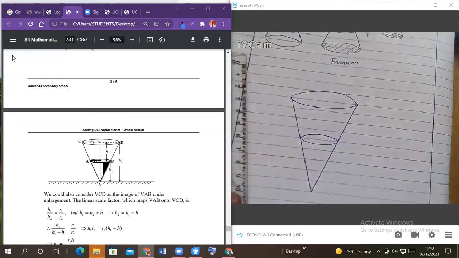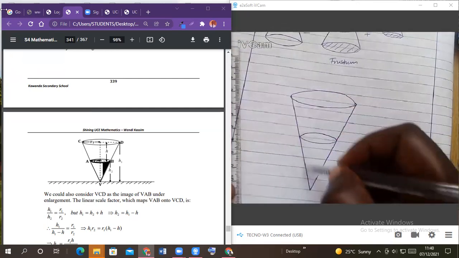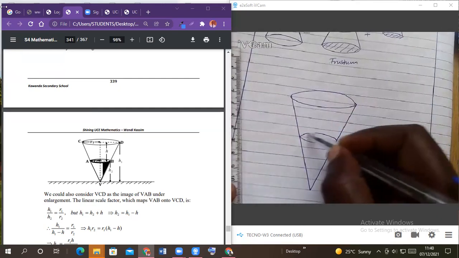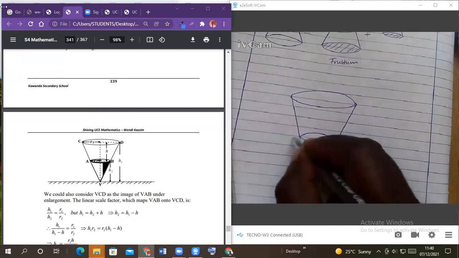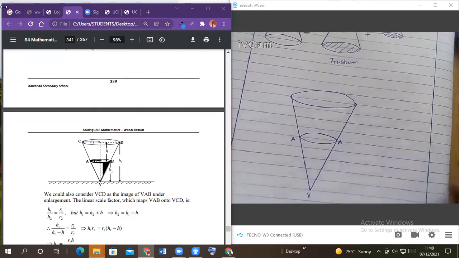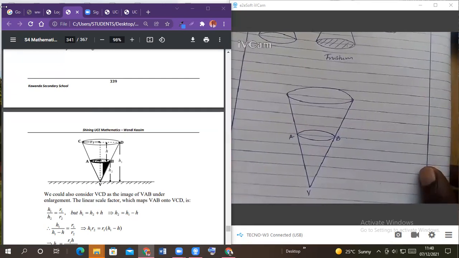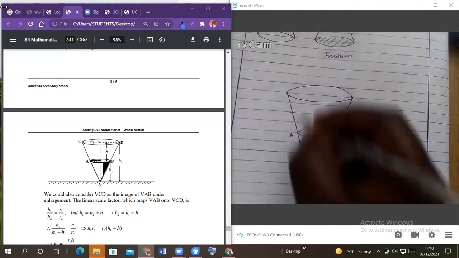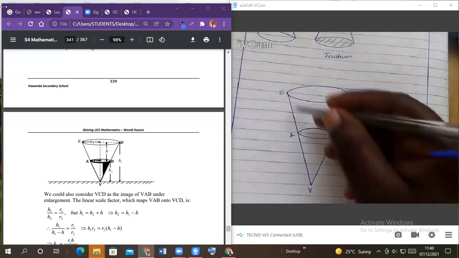Now how many cones have I created? I've created 2 cones. There is the bigger one here, and there's also the smaller one here. The smaller one is VAB. That is the small cone. And the big cone is VCD.